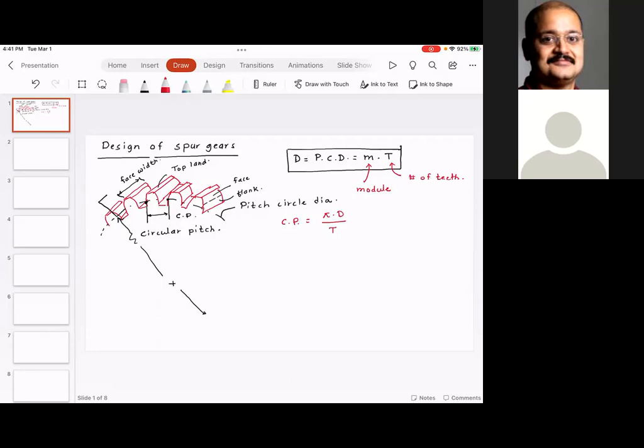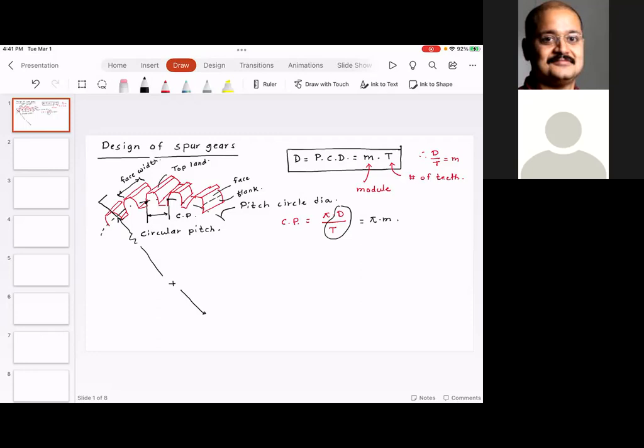Now please understand, from the previous equation, I can say D divided by T is equal to M. So I can replace this by M, and circular pitch is pi times M. Everyone understood this? Now, what is gear design? I'm going to tell you one simple statement.